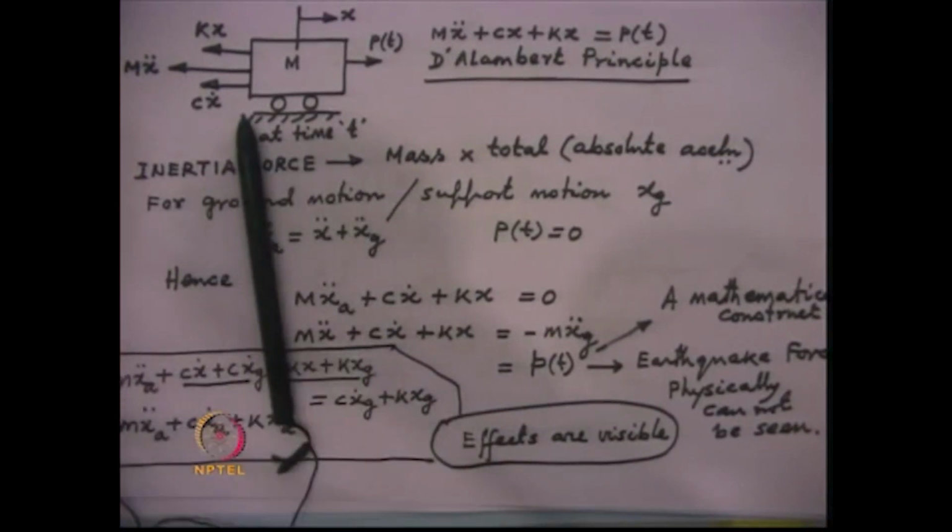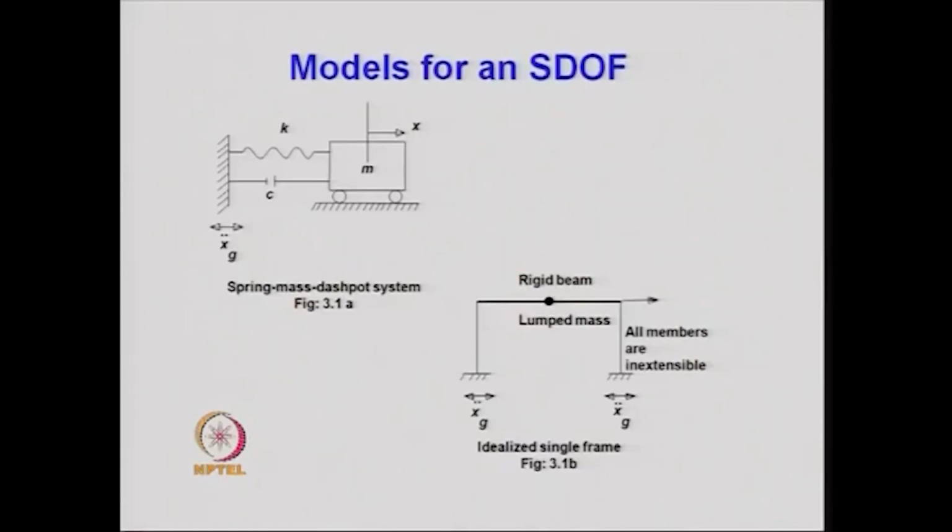Now, when there is a support movement, then the equation is slightly modified. Let us see how it does get modified. Let us consider this portal frame. The beam here is a rigid beam, and at the center of the beam the mass of the entire system is lumped.